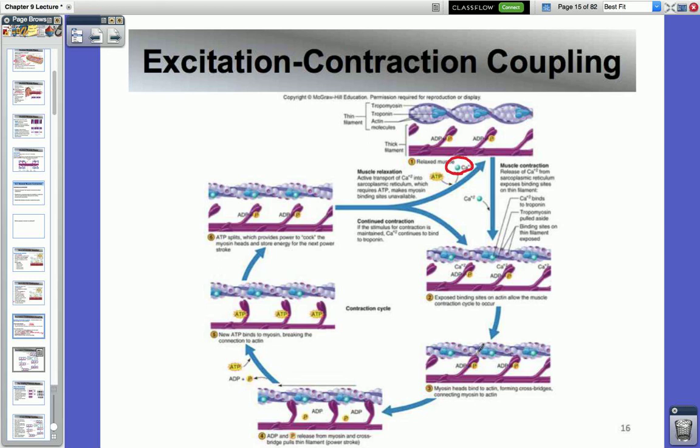Now myosin can bind to it, which is what's happening here. In this slide, we're seeing myosin actually pulling on actin, which means that, if y'all remember, those Z lines are now moving closer to each other, which means that the sarcomere is shortened, the muscle is shortening. We're going to talk about all that in a second, but that's what's happening so far. Okay, so that's the part of the muscle being contracted.